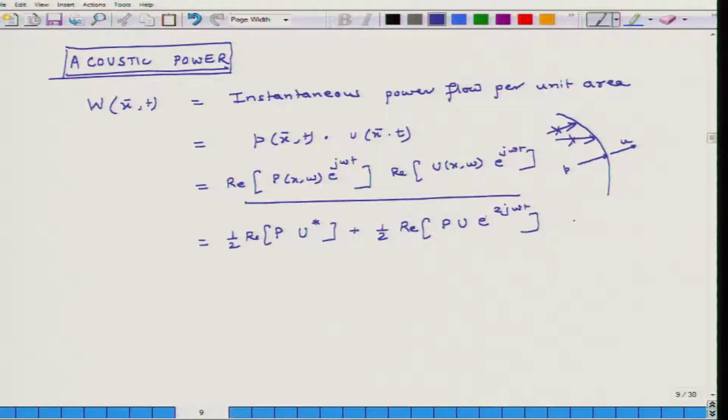Sorry for the confusion, I missed a real there. Here the units are watts per square meter.